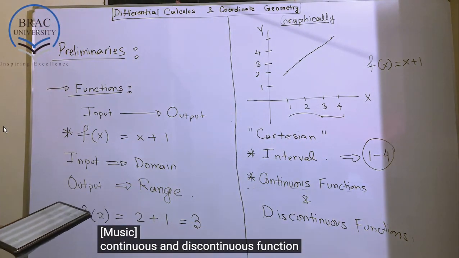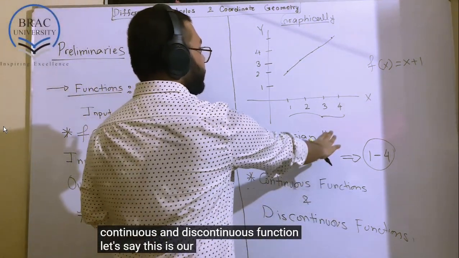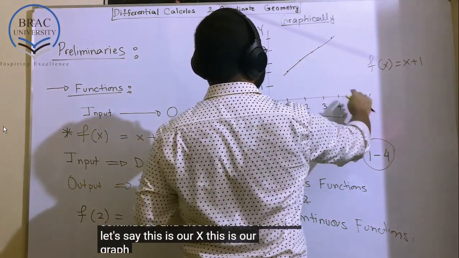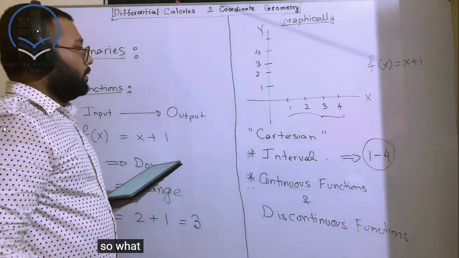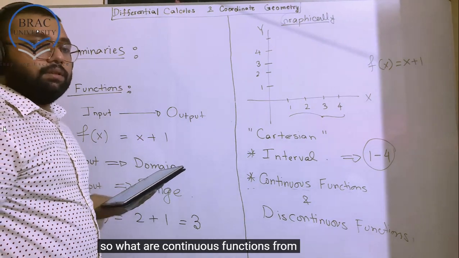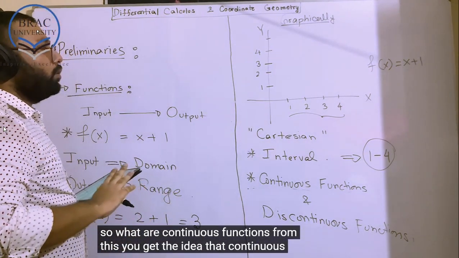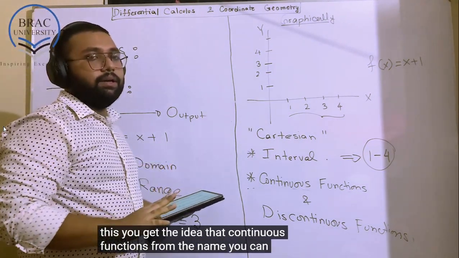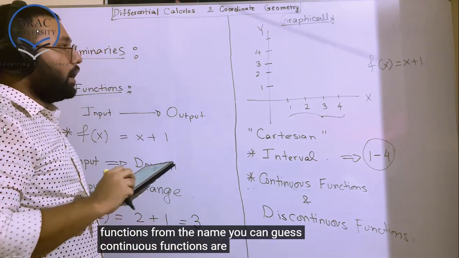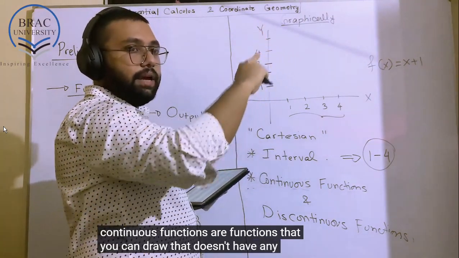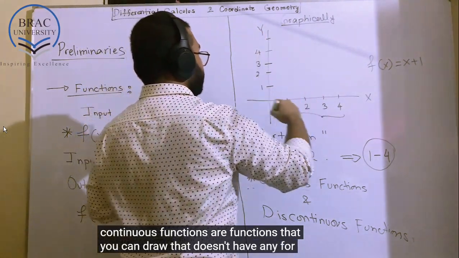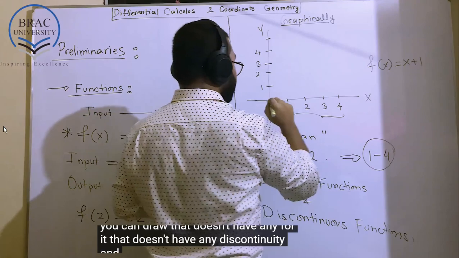Continuous and discontinuous functions. Let's say this is our graph. So what are continuous functions? From the name you can guess, continuous functions are functions that you can draw that don't have any discontinuity. And what does that mean?